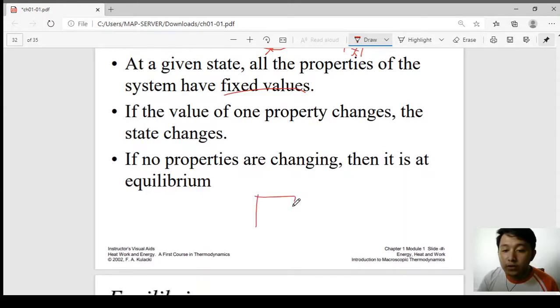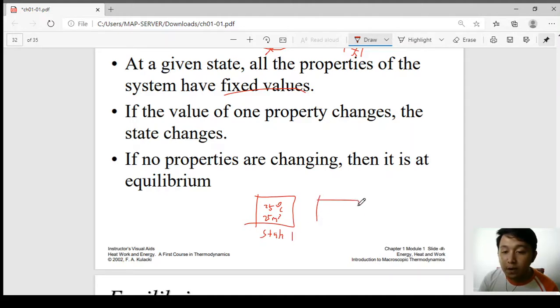For example, state 1: we have a temperature of 25 degrees Celsius and a volume of 25 meters cubed. So that is state 1.